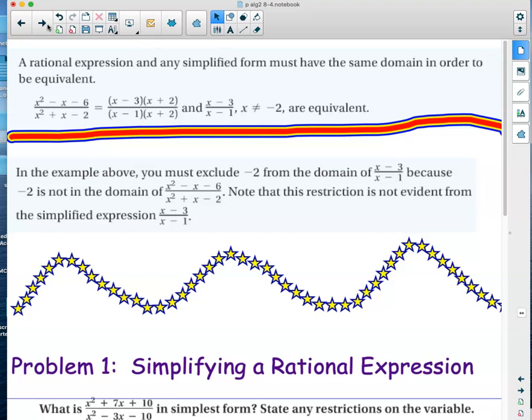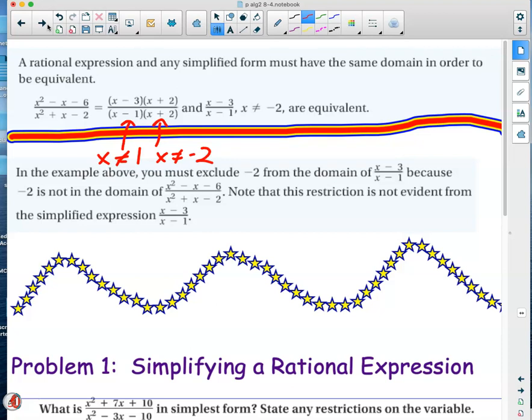So once we have those in factored form, we stop and take a look and say, well, I can't put a 1 in there because 1 minus 1 would be 0. So x can't be 1. And I also can't put a negative 2 in because negative 2 plus 2 would be 0.